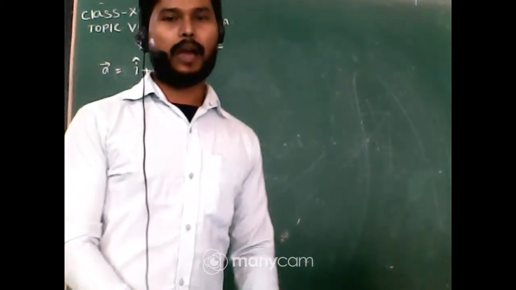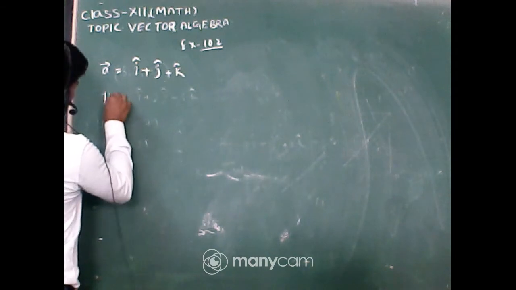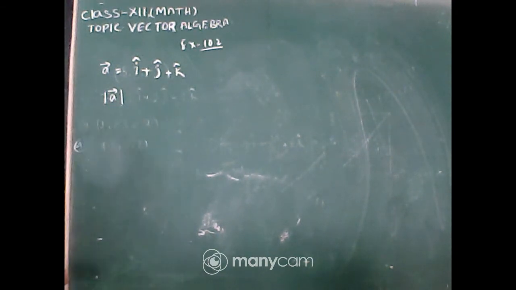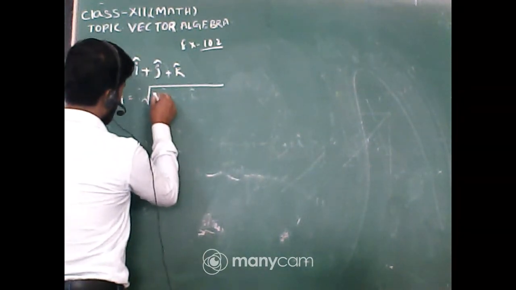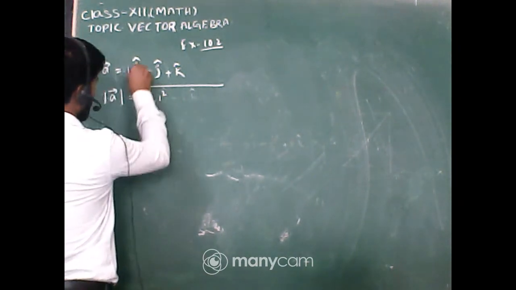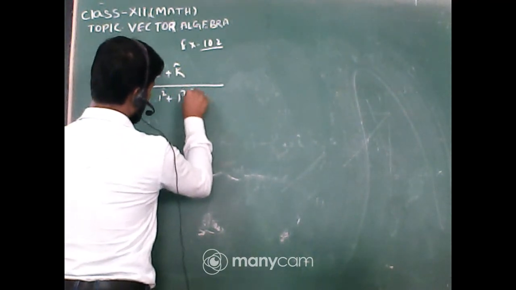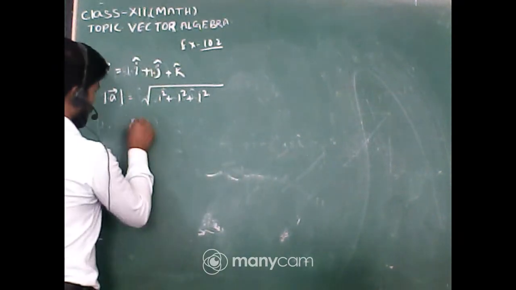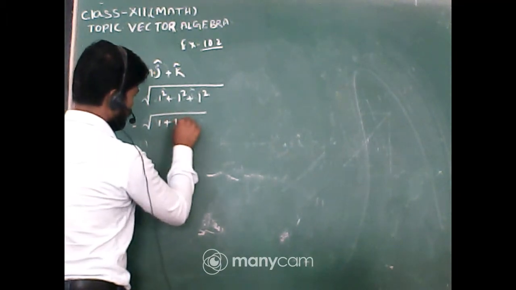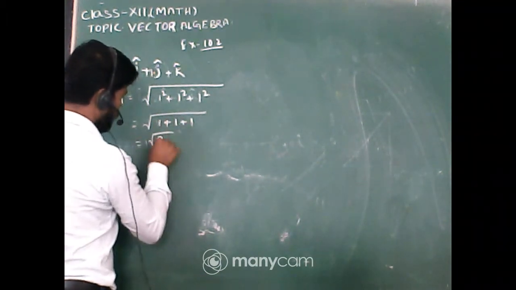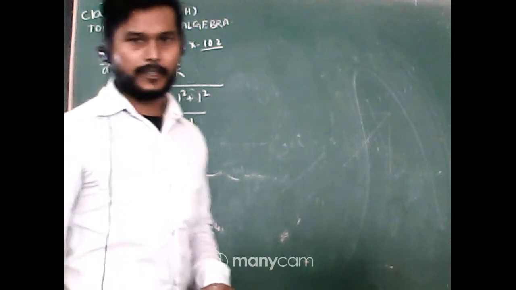We have to find the magnitude of the vector A. Now the magnitude of the vector A, mod A, is equal to the square root of the sum of squares: the coefficient of i squared, that is 1 squared, plus the coefficient of j squared, 1 squared, plus the coefficient of k squared, 1 squared. That is equal to the square root of 1 plus 1 plus 1, which is root 3 units. So the magnitude of the vector A is root 3 units.